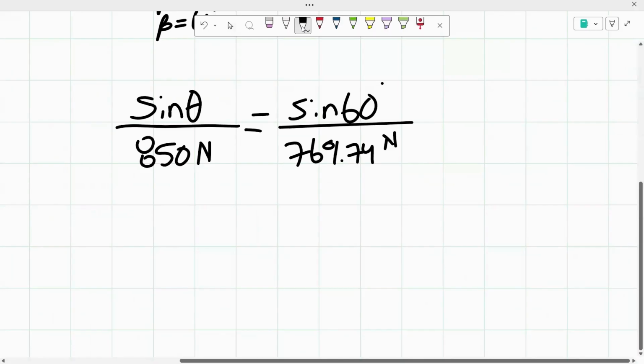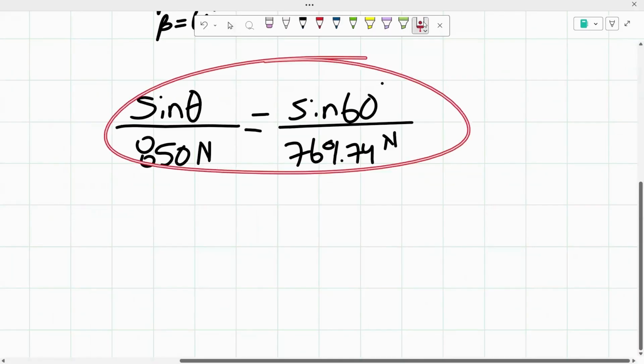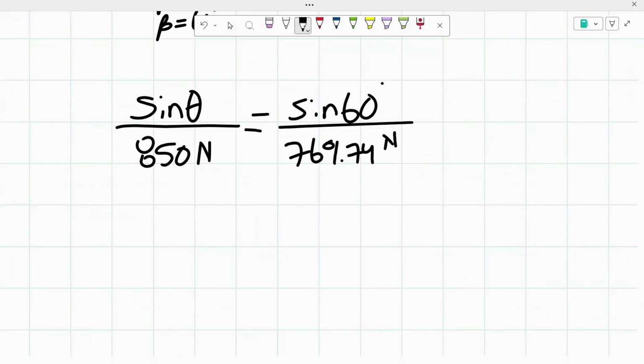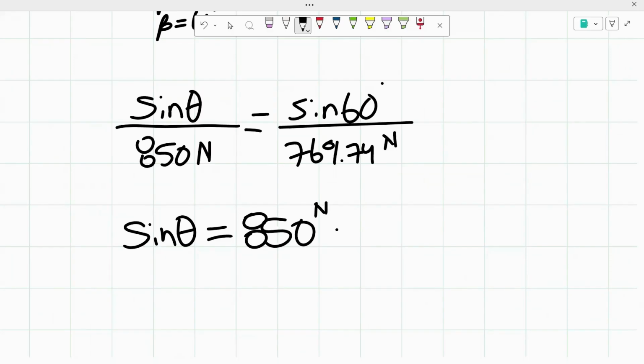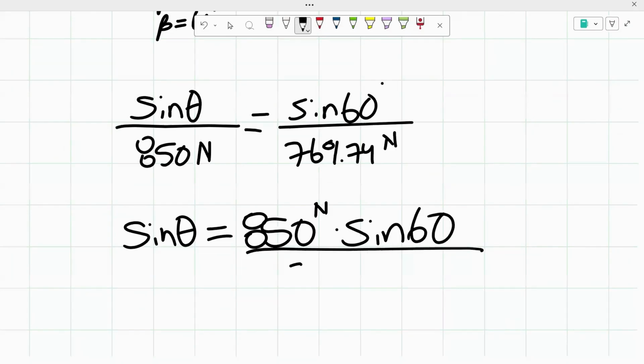So now that we have this written out, we're going to solve for theta. We end up getting sine of theta is equal to 850 newtons times sine of 60 all over 769.74 newtons.